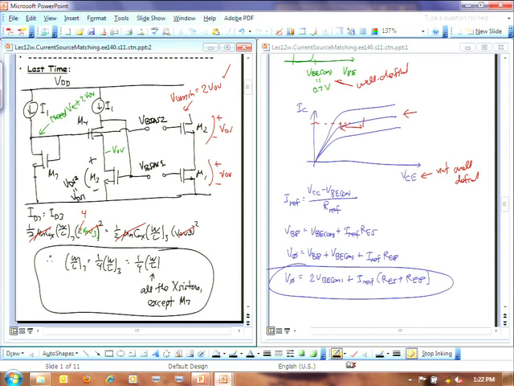Okay, so that means I have a VOV across M3 and a VOV across M1. And that's great because they have exactly the same VDSs. That means if I have a certain current I1 going through M3, then I'm going to have that same current going through M1 no matter what the lambdas are for these devices, no matter how large their output resistance is. So I like this current source here.